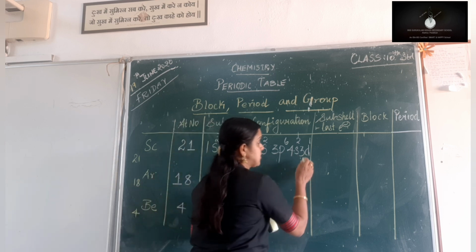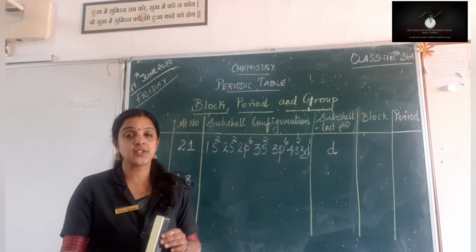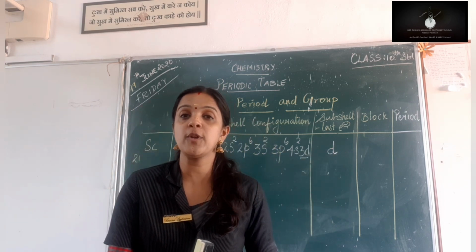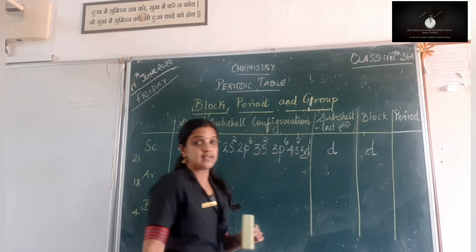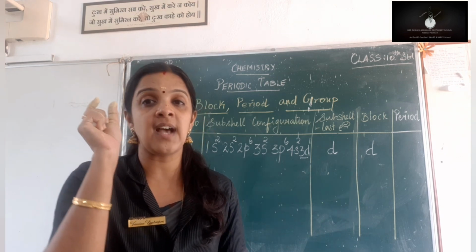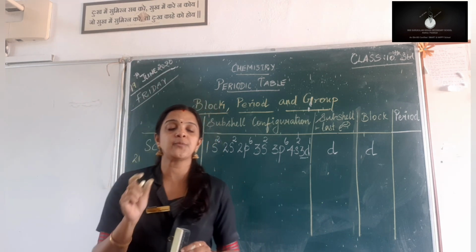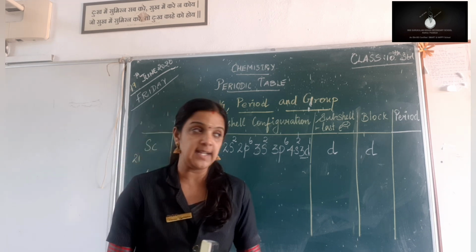So here 3d, so it is my d subshell. So naturally scandium will be which block element? It is a d block element. I hope you are able to understand, children. Connect the last electron to whichever subshell it gets into. That will be giving the block of the element.